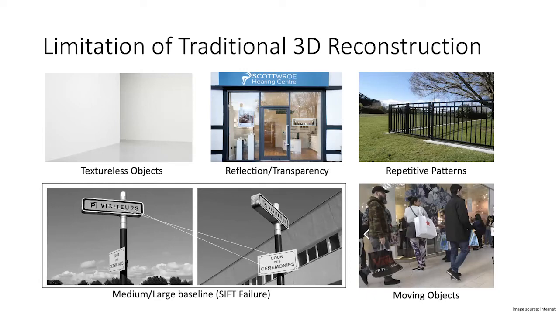For example, in man-made environments, there are not many features, or there are reflections, or repetitive patterns, or the baselines get a little bit larger. And actually, in VR applications, very often there are dynamic objects in front of each other. We all know this classical pipeline has all these problems.